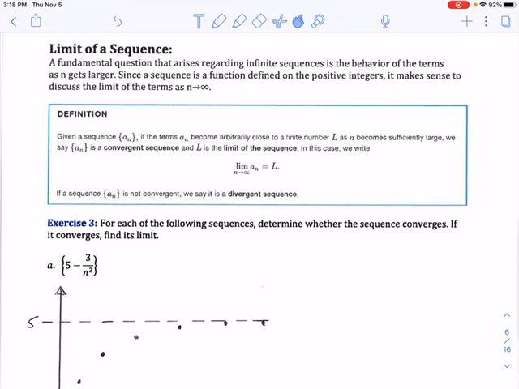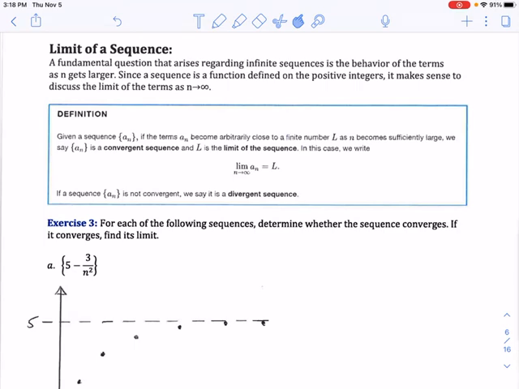Now we want to look at it from a more algebraic or calculus point of view. We're going to take the limit of a sequence to determine the end behavior. What is happening as n gets infinitely large? We simply take the limit as n approaches infinity.